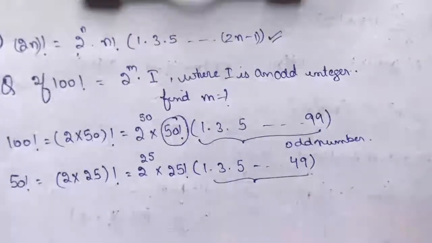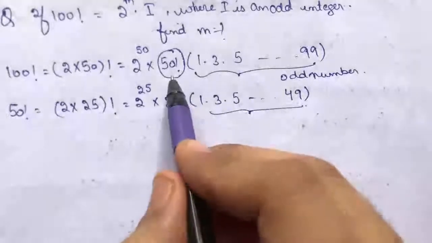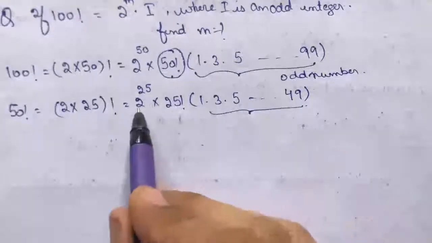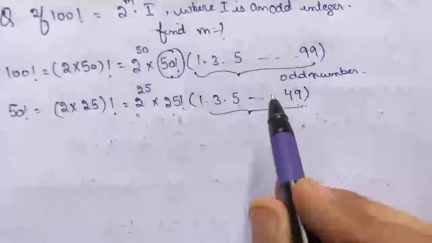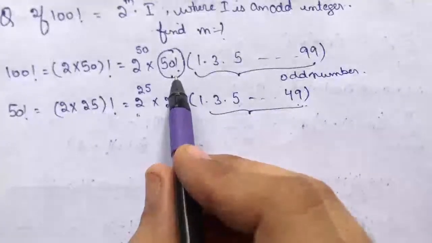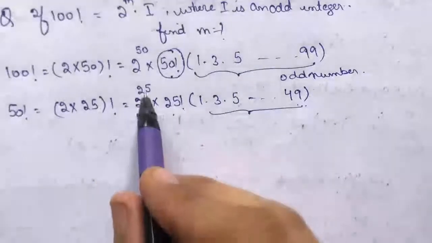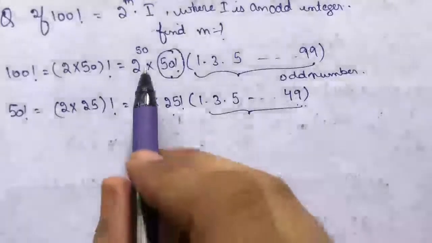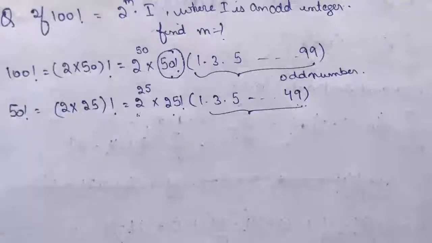Now again this is odd, and this whole thing is included in 100 factorial. So these 2 raised to the power 50 and 2 raised to the power 25 occur in 100 factorial, which means till now we have 50 plus 25, that is 75, 2's in the 100 factorial.